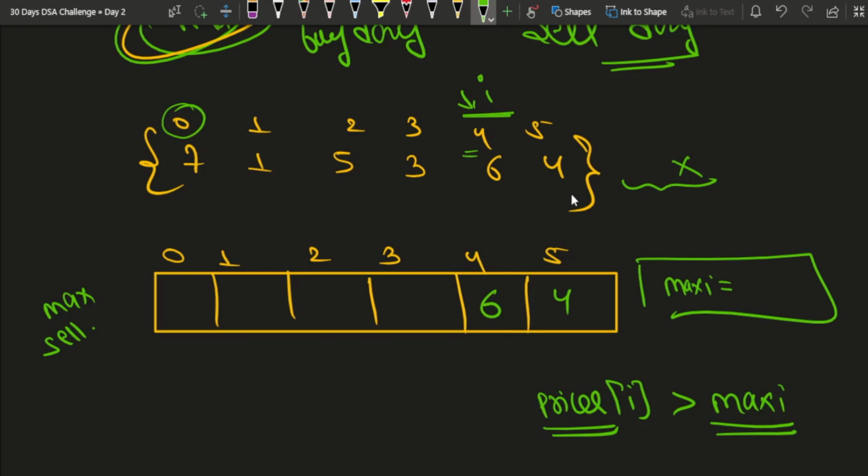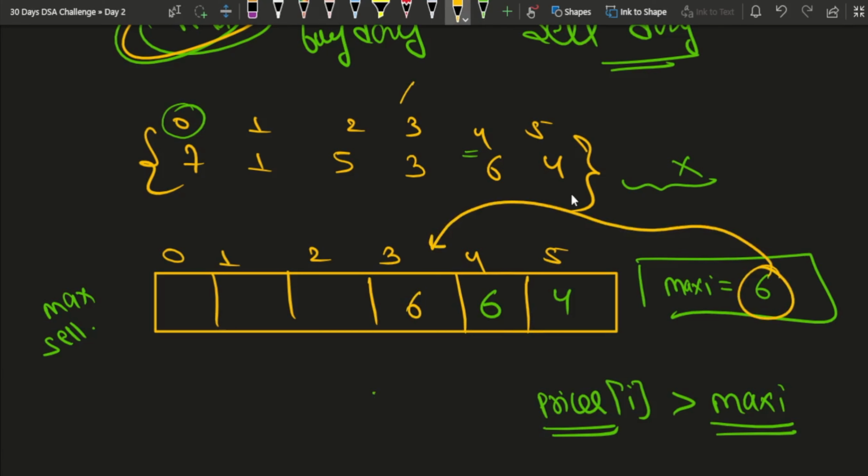Now we'll come here. What is the price? The price is 3. Is it greater than my maxi, which is 6? No, it is not. In that case, we'll just put this 6 into our array. Again my i will move to index number 2. Now we compare this 5 with maxi.